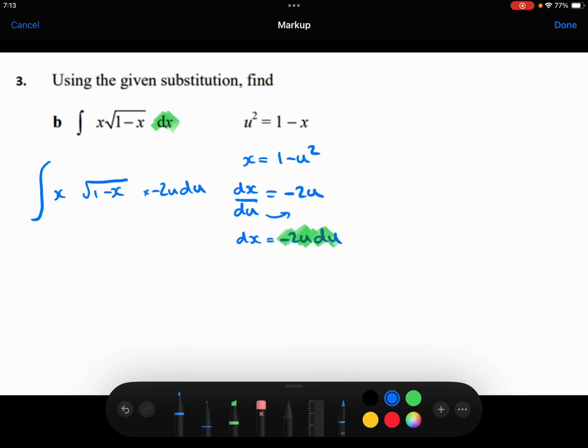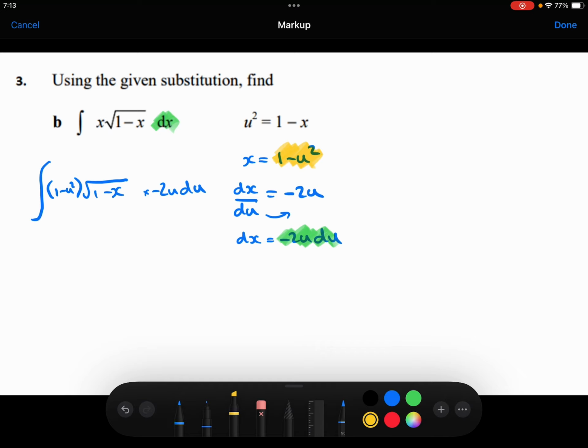Right, let's focus on the other terms in here then. We've got this x here, which I know can be replaced with this 1 minus u squared. So let's do that. Put brackets around the 1 minus u squared. Brackets are your friends, so keep them there.